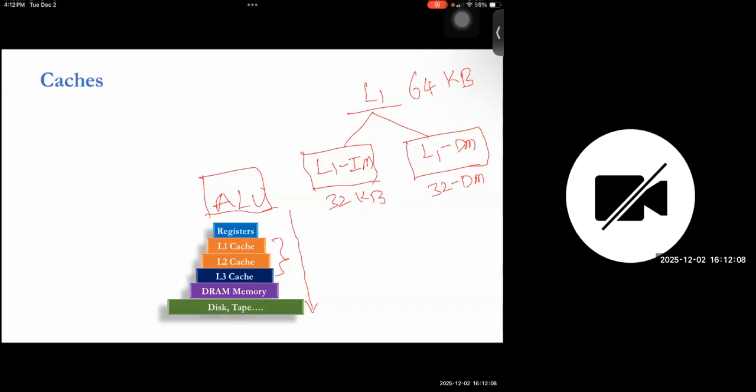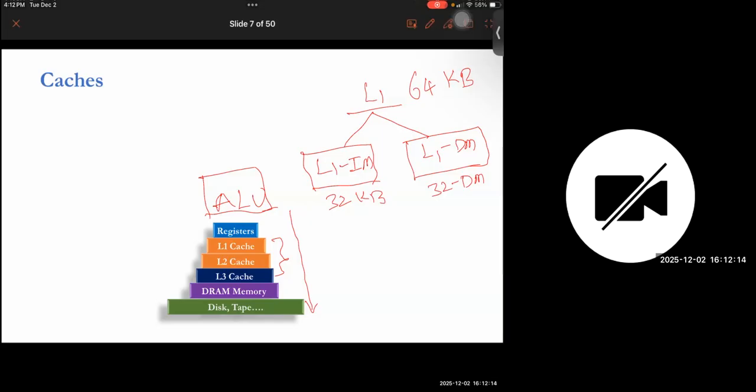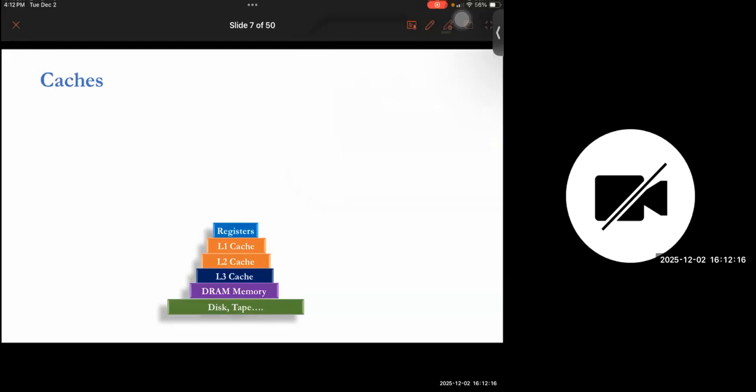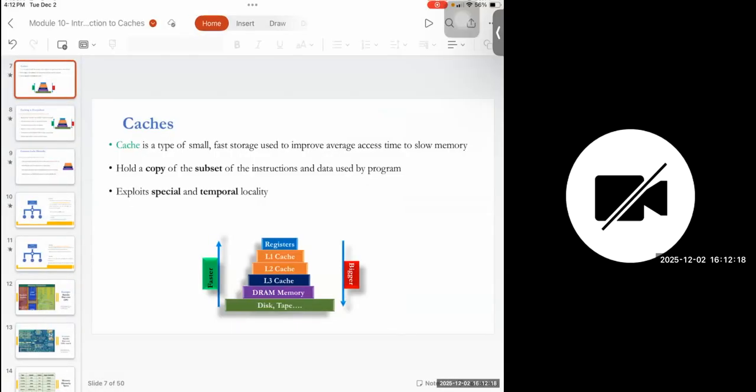That's why it is kept outside. Based on this cache design, let us have a case study as an example.